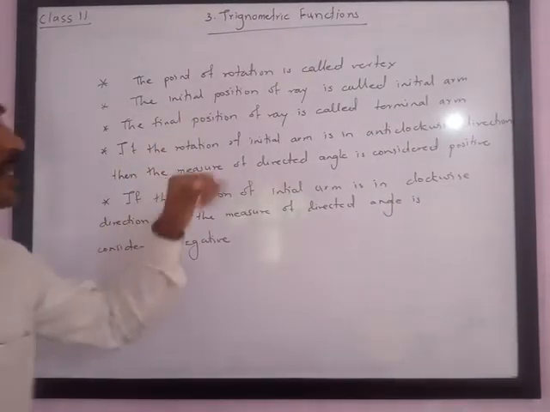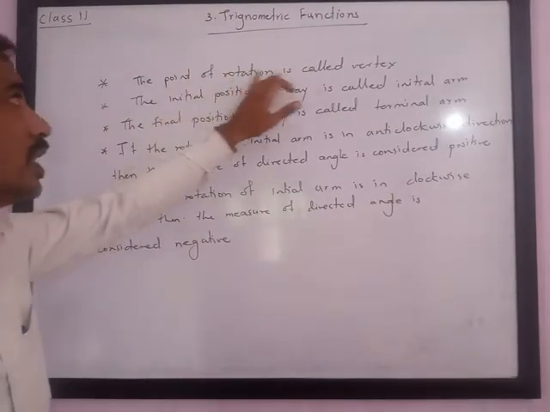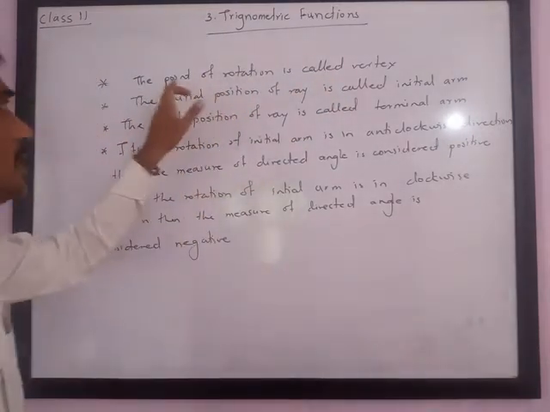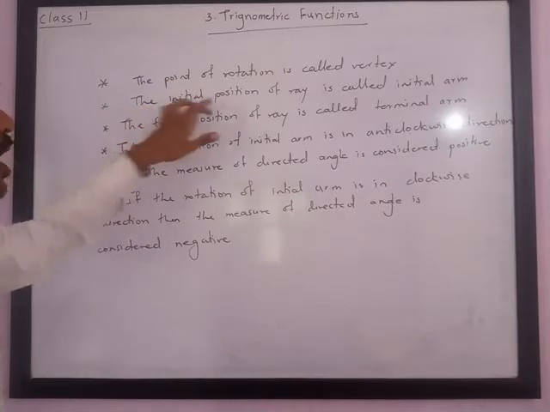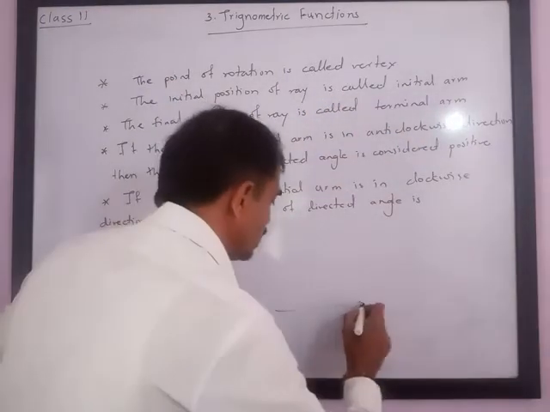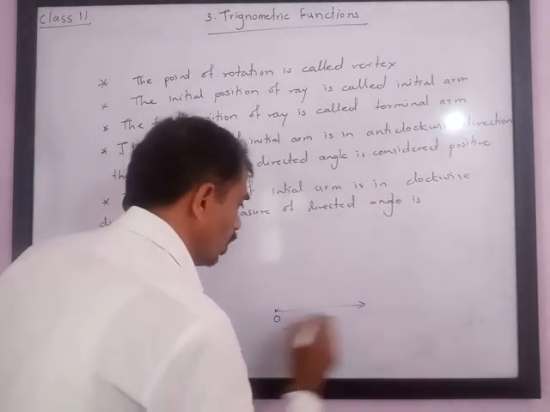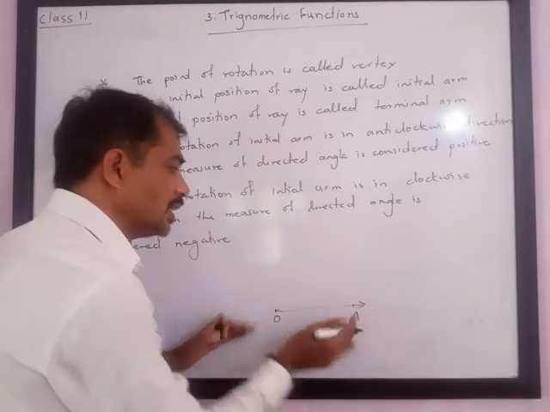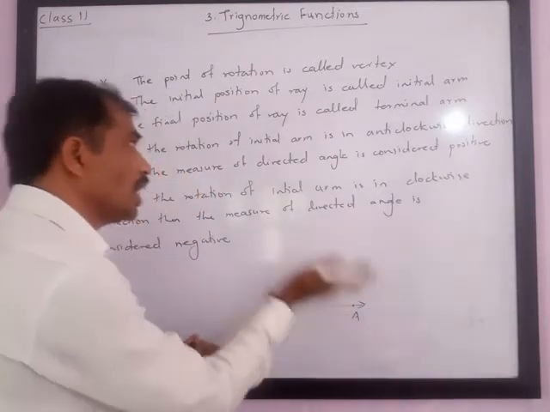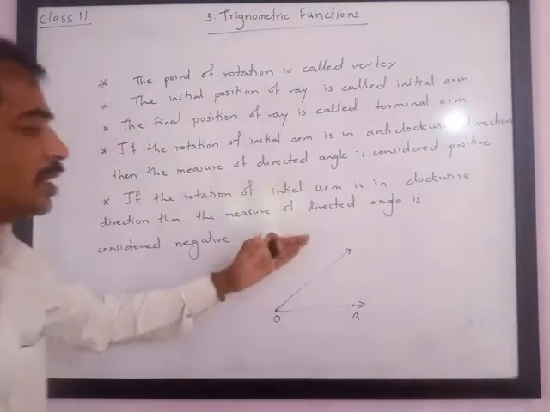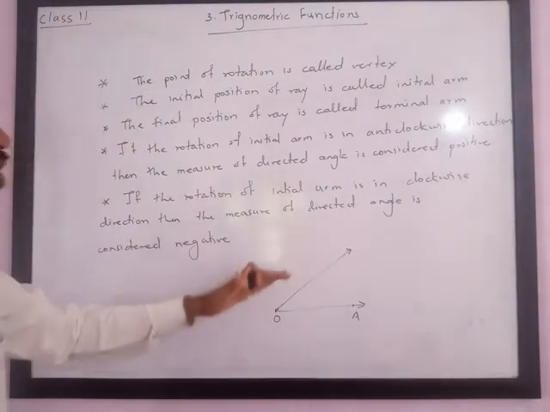Please note down these points. The point of rotation is called the vertex. The initial position of the ray is called the initial arm, so if OA is the initial arm, and it is rotated, then we get some other position, and that final position is called the terminal arm.